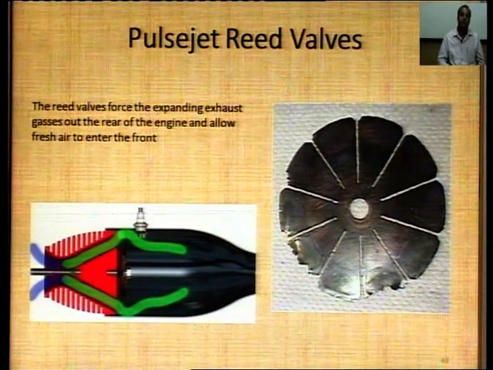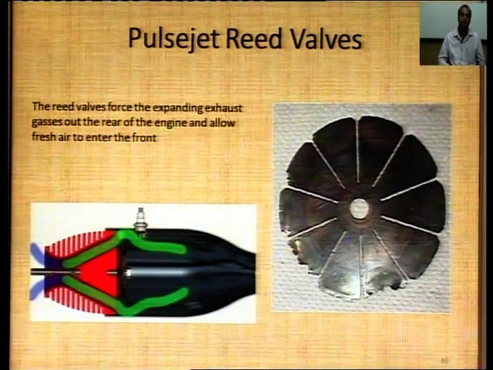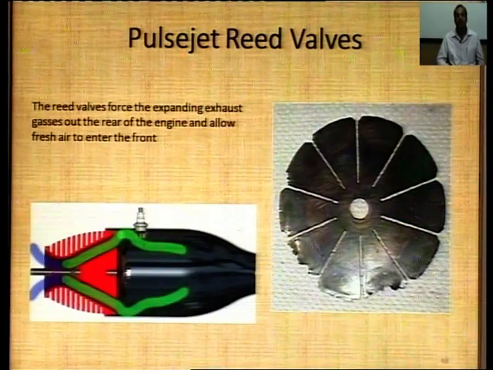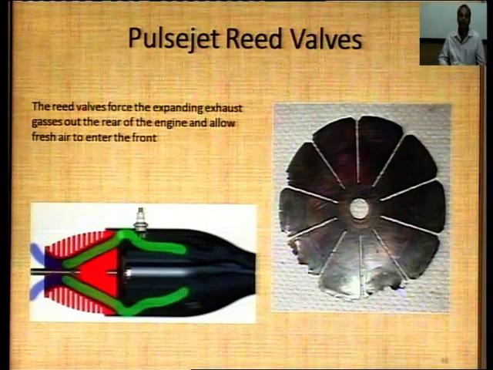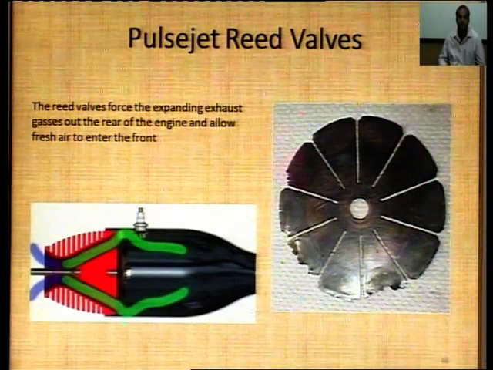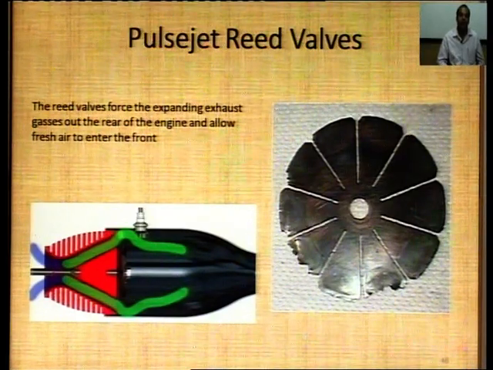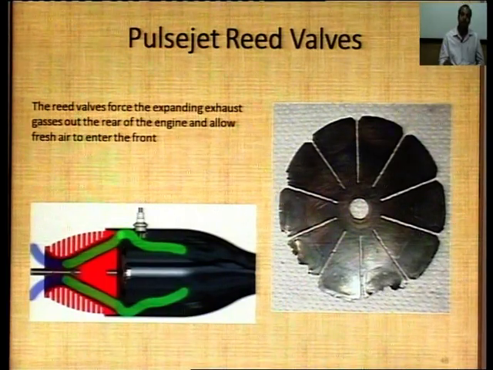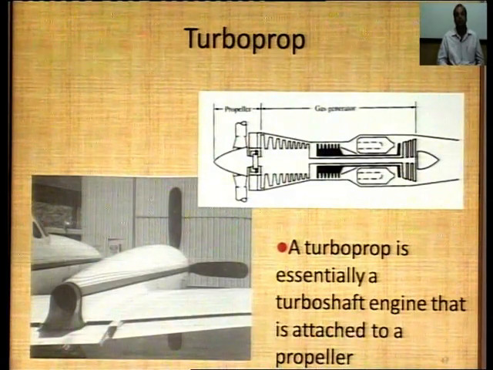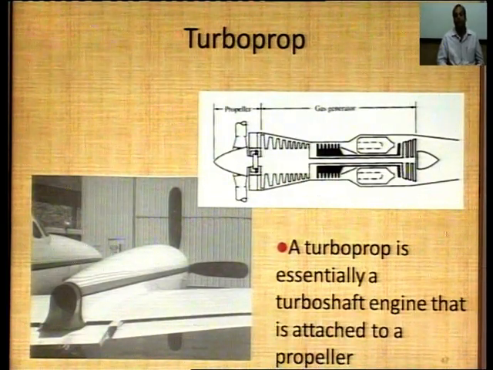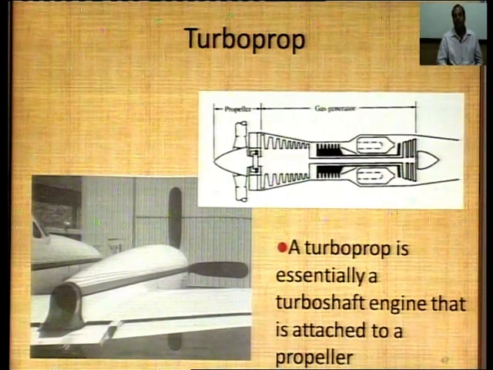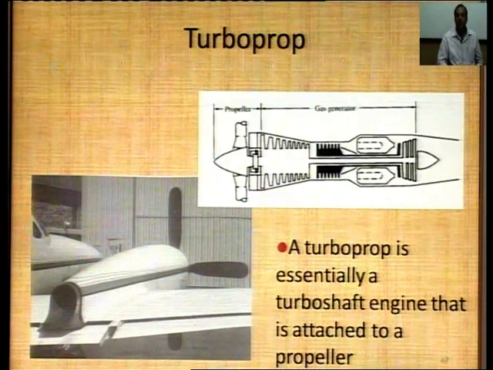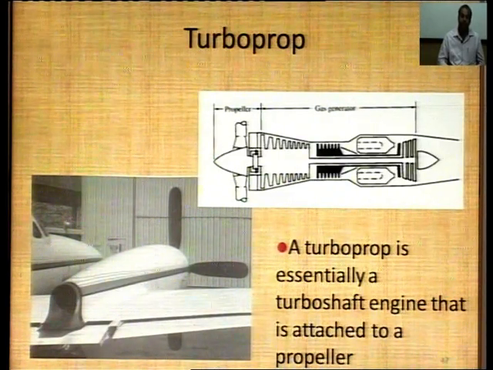The reed valve forces the expanding exhaust gases out of the rear of the engine and allows fresh air to enter in the front. So a very important part in the pulse jet engine is the reed valve. A turbopropeller is essentially a turboshaft engine that is attached to a propeller.